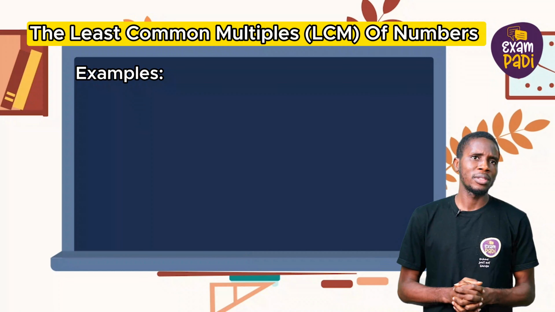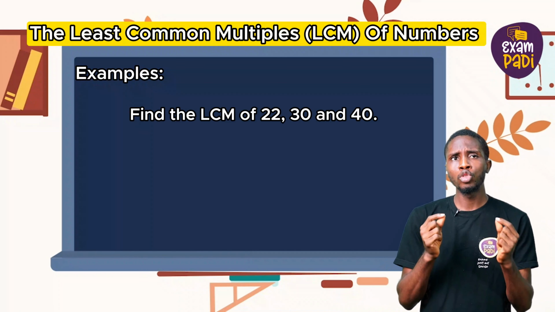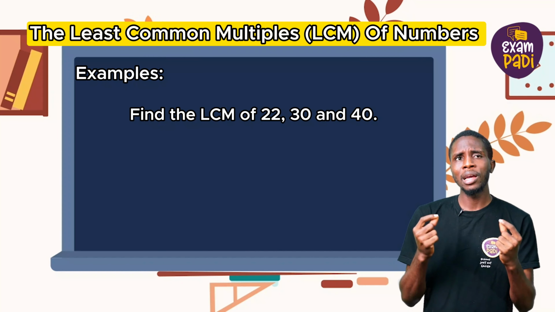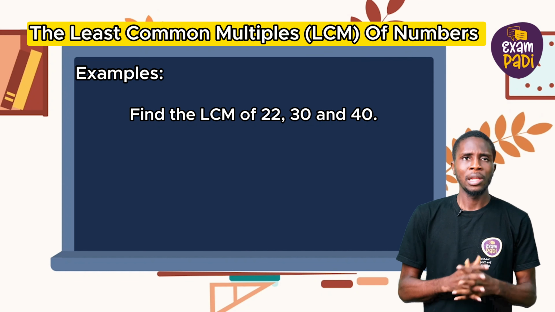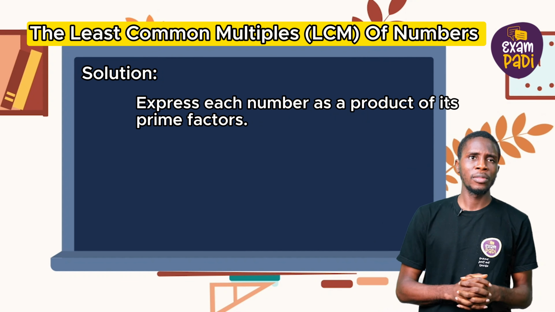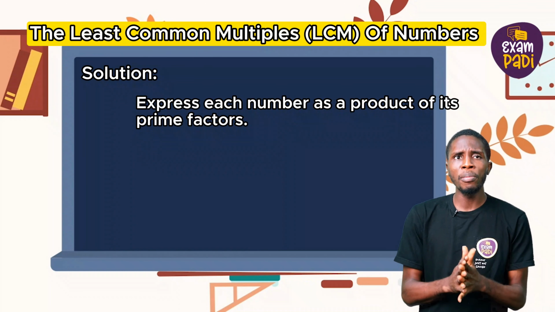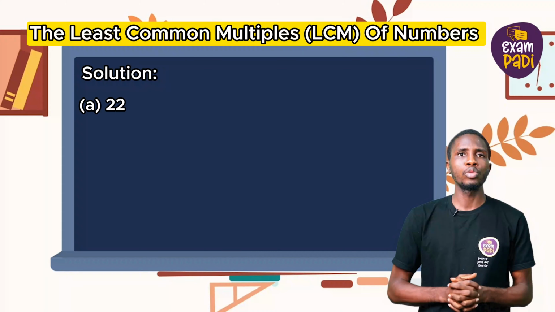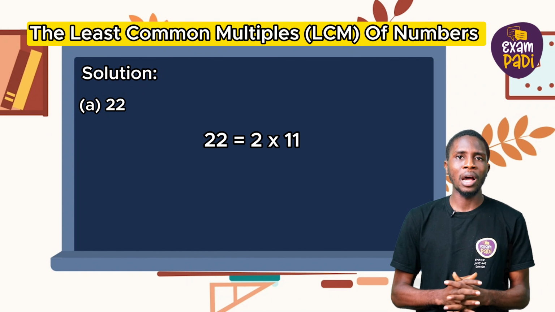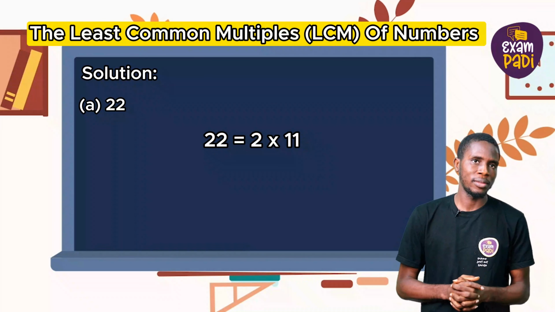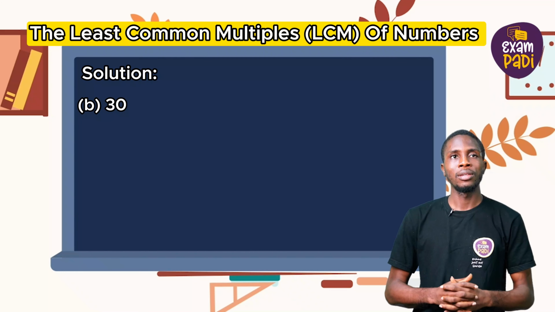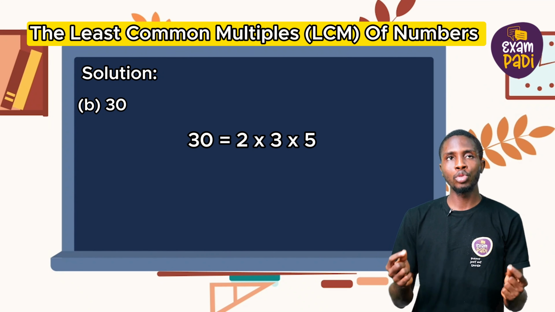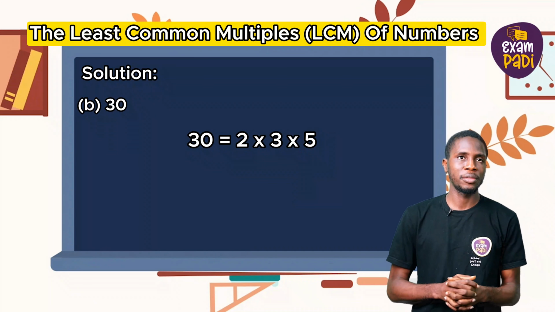Another example is find the LCM of 22, 30, and 40. Let's take a look at this method. Express each number as a product of its prime factors. For 22, the prime factors are 2 and 11. For 30, the prime factors are 2, 3, and 5.